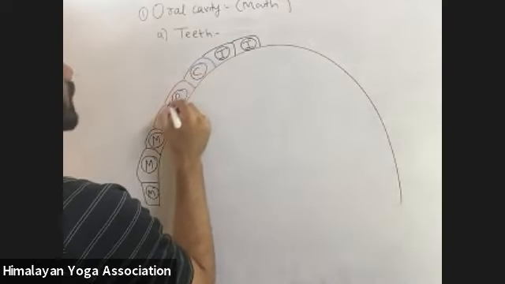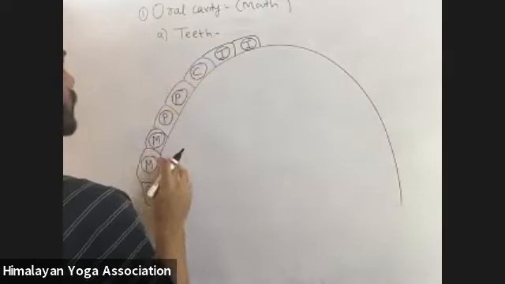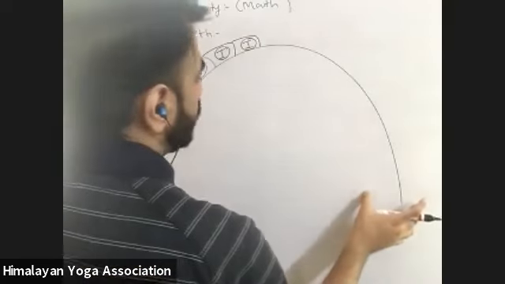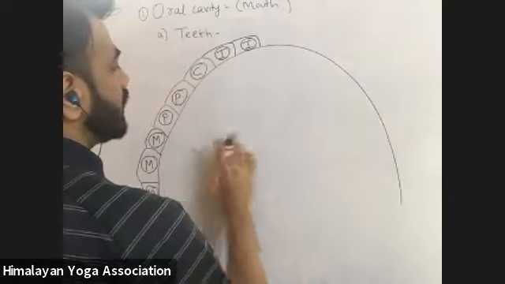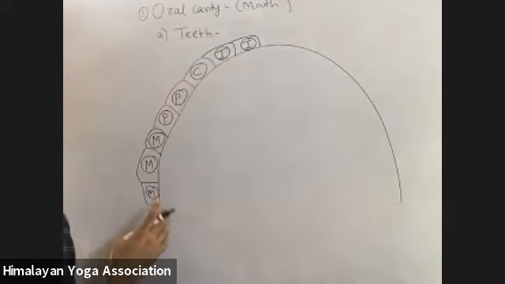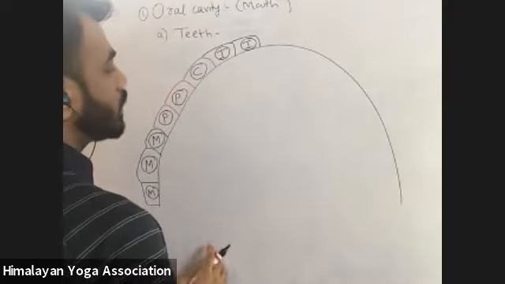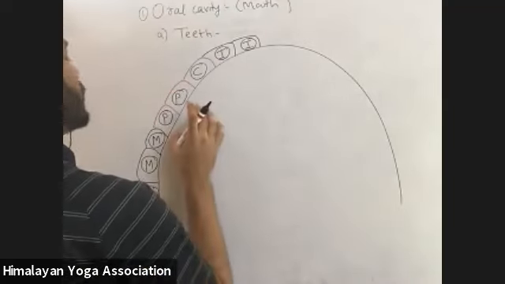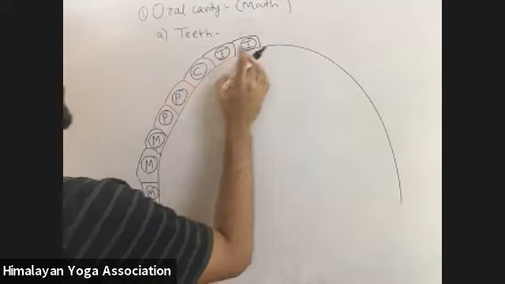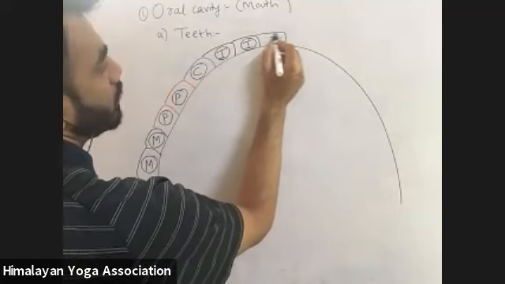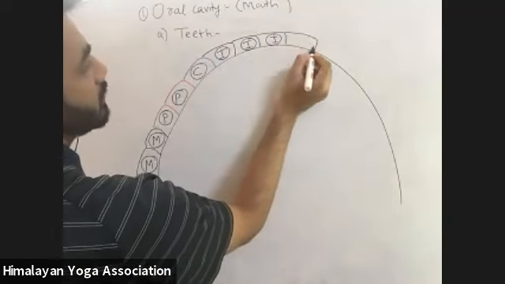Three molars on one side. So in total, you will have 6 molars in the upper jaw, and the total number of molars will be 12 in our oral cavity, considering upper and lower jaw. There are also premolar teeth, canine teeth and incisor teeth. All these teeth I will draw on the other side as well.